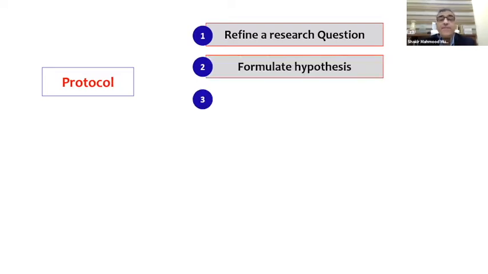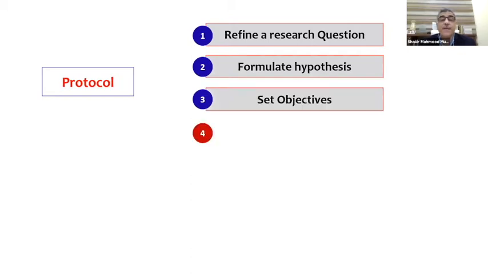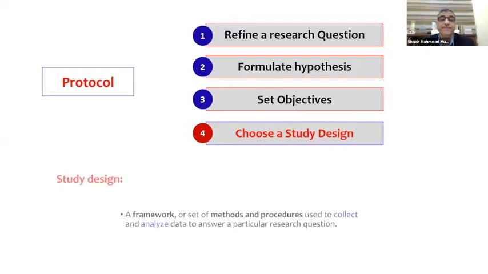Then we will formulate a hypothesis and set the objectives. The fourth important step in writing a protocol is to select the best study design that is going to answer your research question, and this is the scope of this lecture.